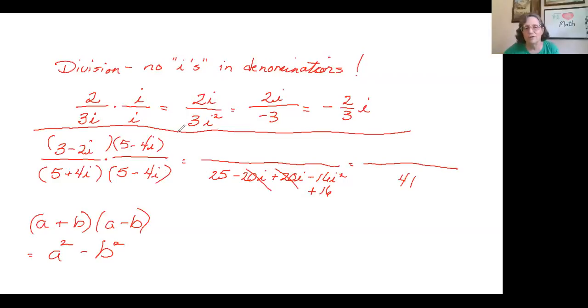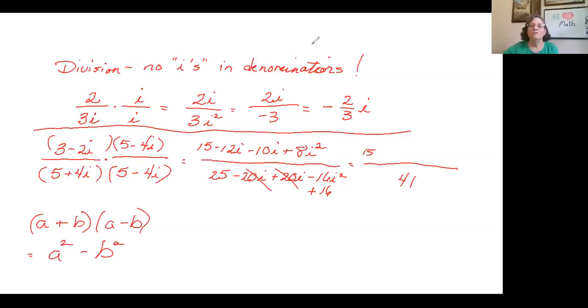Okay, the top doesn't work so well because these are not conjugates, not even close. So we got 15 minus 12i minus 10i. Negative times a negative is plus 8i squared. So 15, this is going to be a minus 22i.